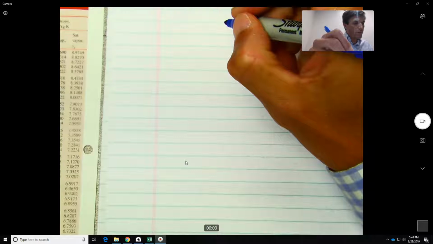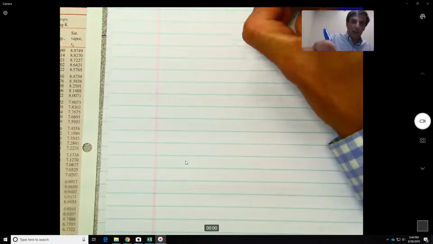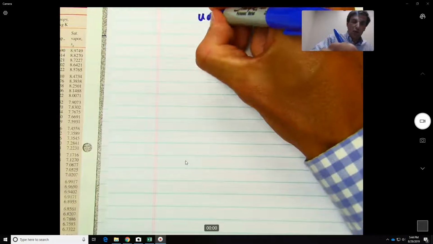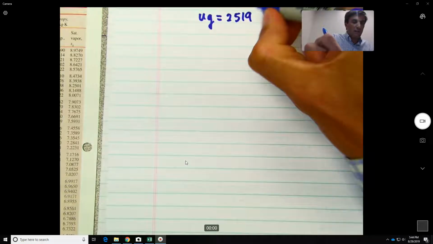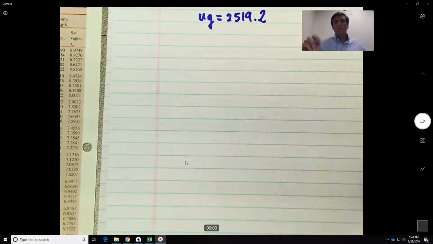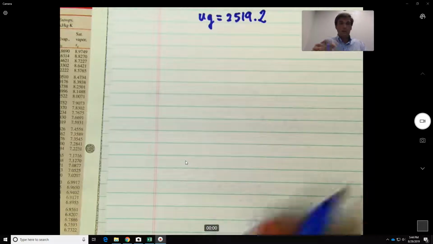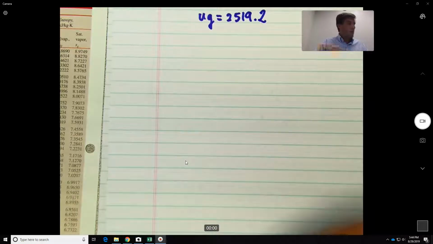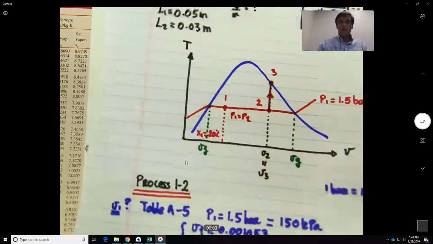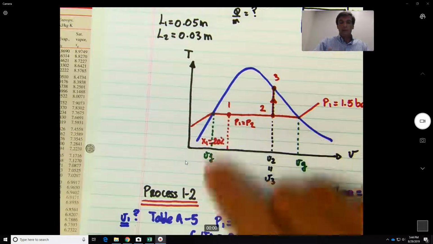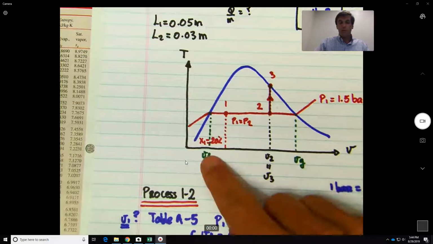So again, these are the values that correspond to this point over here. Okay? Fluid, saturation, gas.